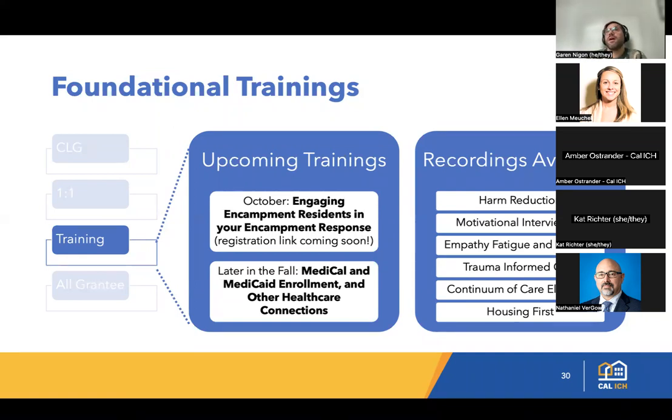A lot of these are on evidence-based practices or best practices and direct care for people in your encampment. That's things like harm reduction, motivational interviewing, and trauma-informed care, but also some training on empathy fatigue and burnout for frontline staff working in the encampment, and some more system-level things like housing first philosophy and continuum of care eligibility.